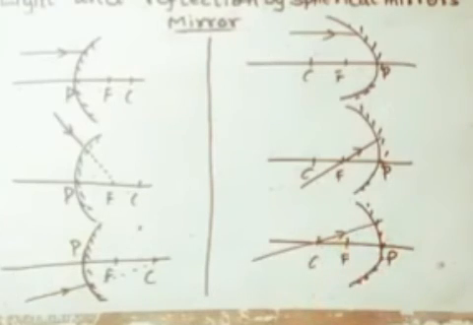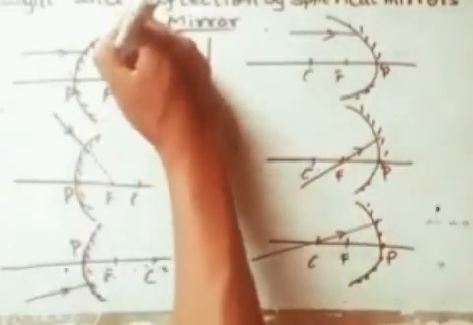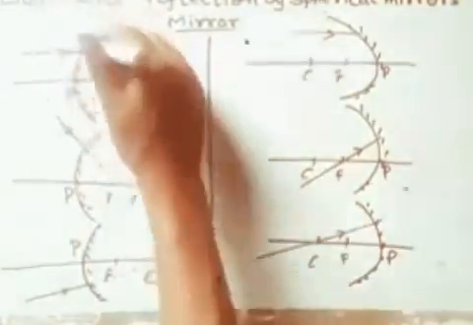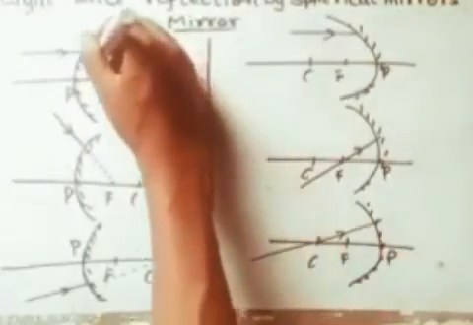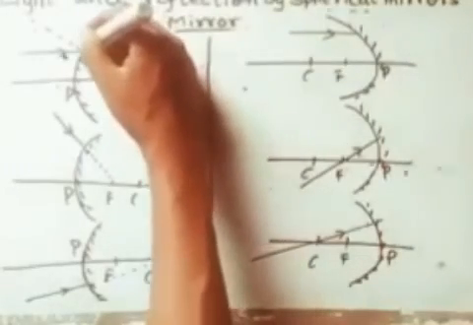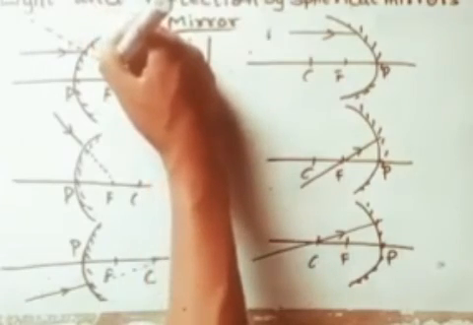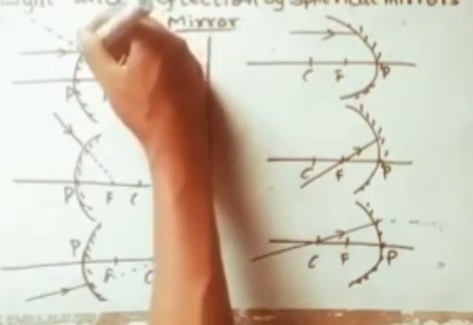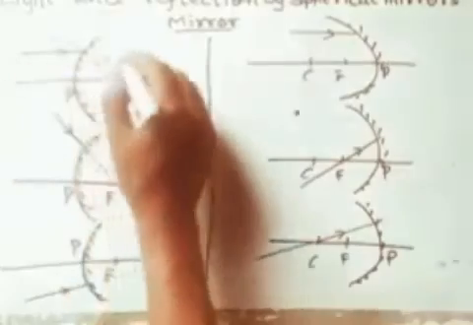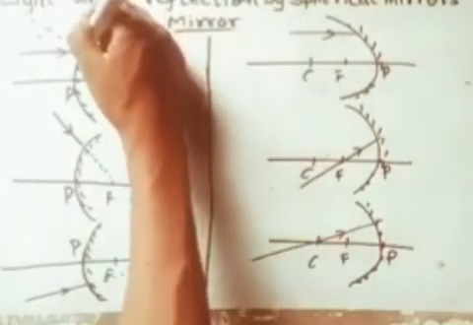Now, how will the rays behave? Well, we know this case. As I told you, first draw a normal from here and then draw a reflected ray with equal angle. But to be very tricky, as we know that a ray parallel to the principal axis appears to diverge from the focus.